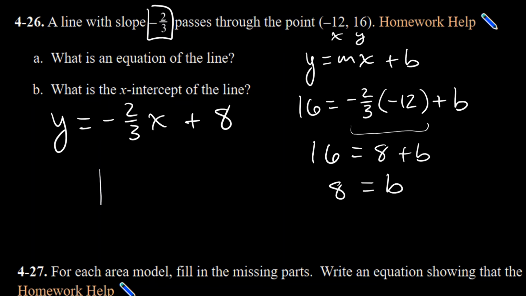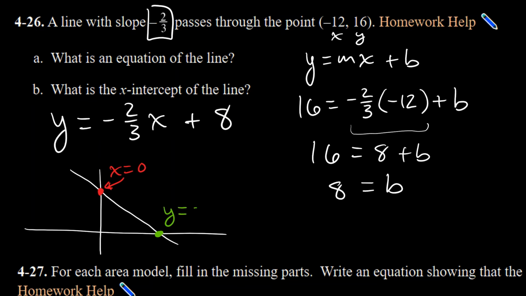And if I have just a minute to think about this, the y-intercept occurs right there. The y-intercept occurs the moment that x equals 0. So when x is 0, I get the y-intercept. And the x-intercept, I'll use a green dot, is right here. The x-intercept occurs the moment that y is equal to 0.